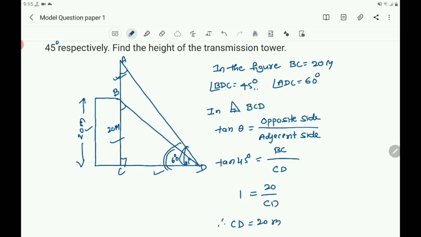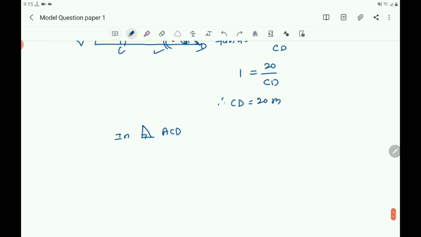So again we have to take, this is the opposite side and this is the adjacent side. You take tan theta only. Tan theta equals opposite side by adjacent side.